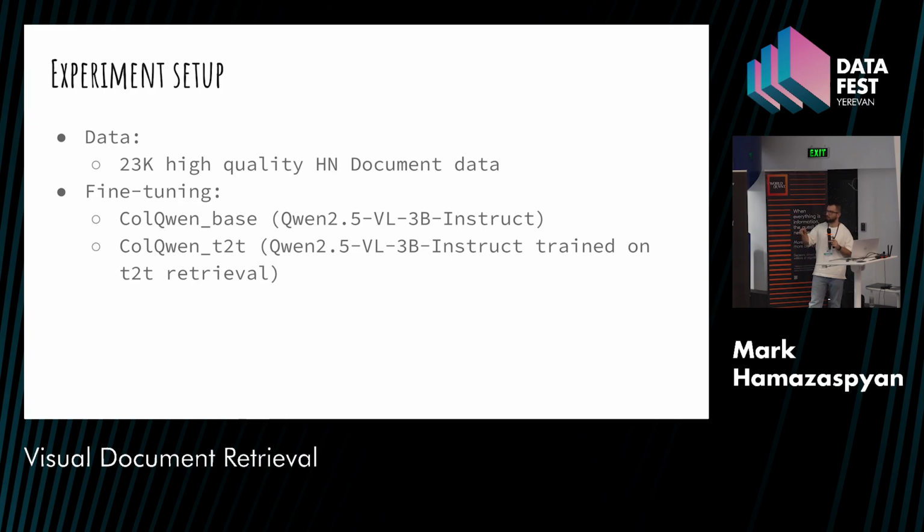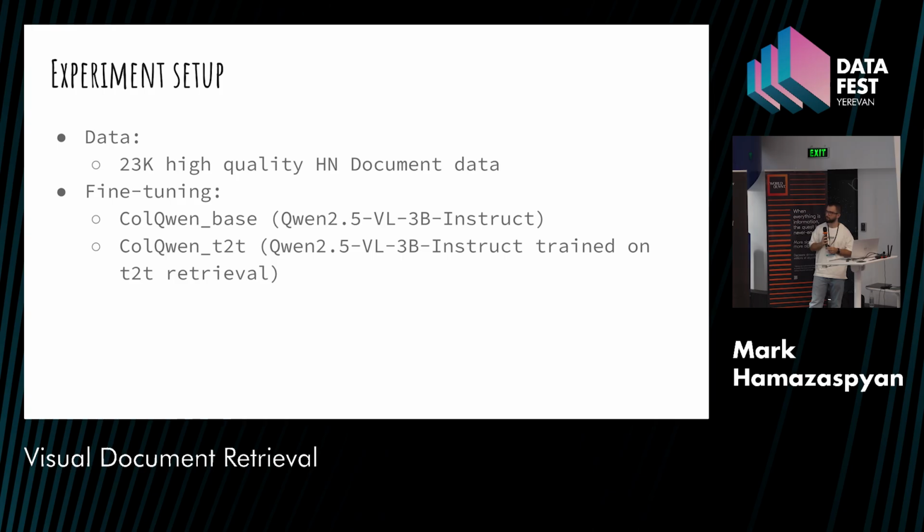We train this model on this 23K example data, and then we take the same model, do the text-to-text retrieval pre-training, and after it fine-tune on the same 23K data. And let's see what the differences are here.